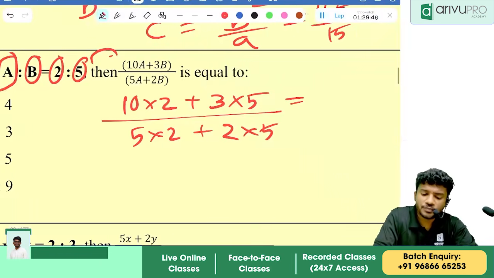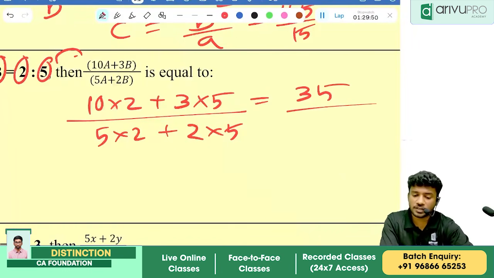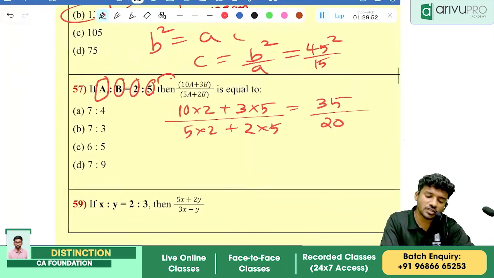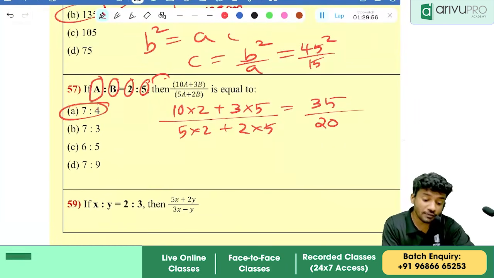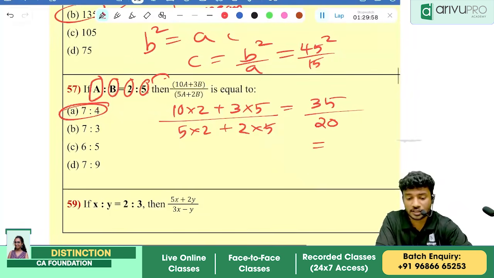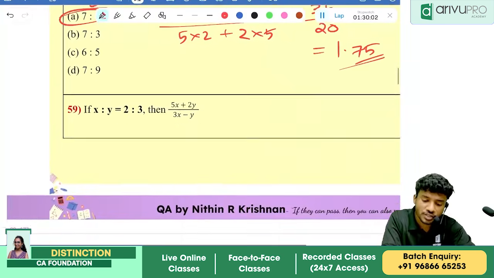Get me the answer. 20 plus 15 is 35. Divided by 20, 10 plus 10 is how much? 20, which is the answer, people. How much is it? 7 by 4, or you can write it as what? 1.75.